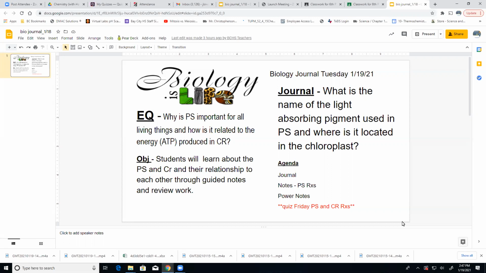Chlorophyll, and it's in a specific part of the chloroplast, and we label that on this diagram. It's what one of those little single discs are called.